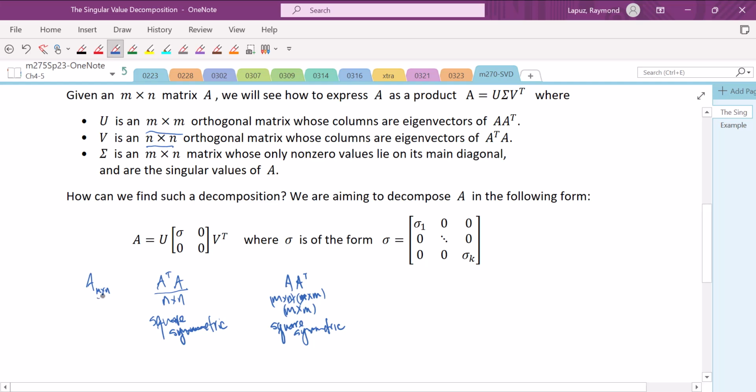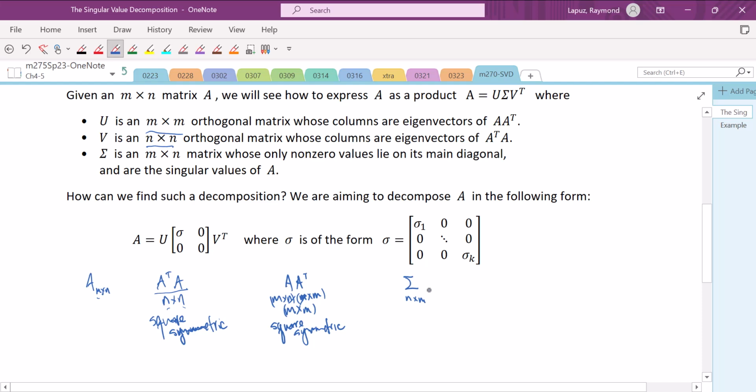Now, whichever size is bigger will depend on how we're going to approach the problem. If M is bigger or if N is bigger, then that's what we're going to have to deal with. Now, your sigma will be an M by N matrix.